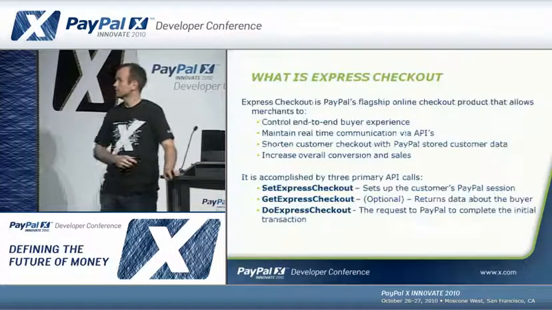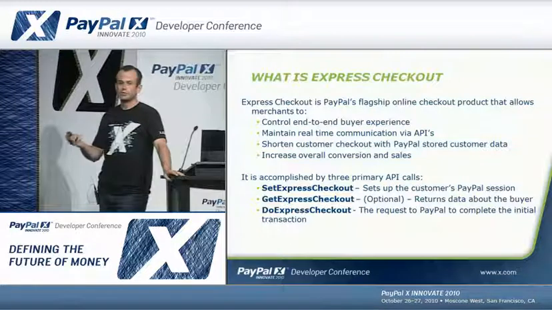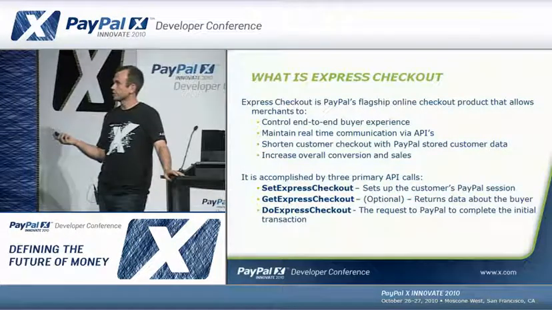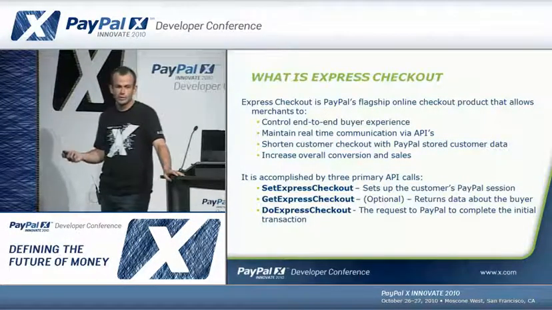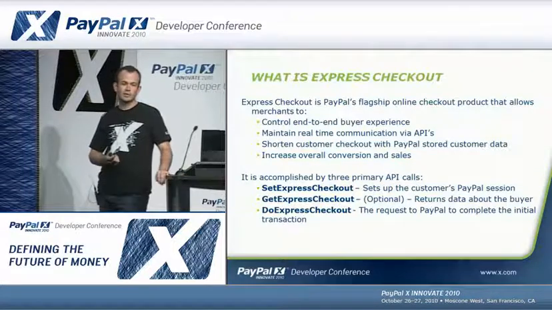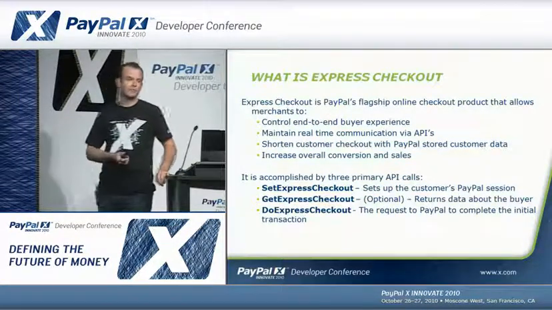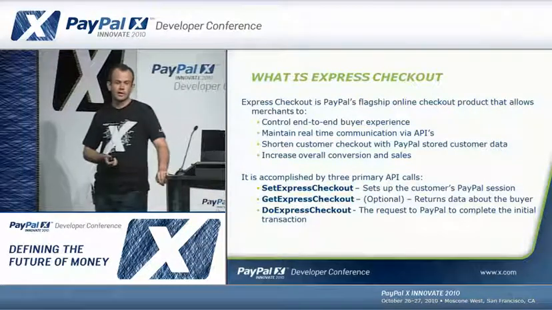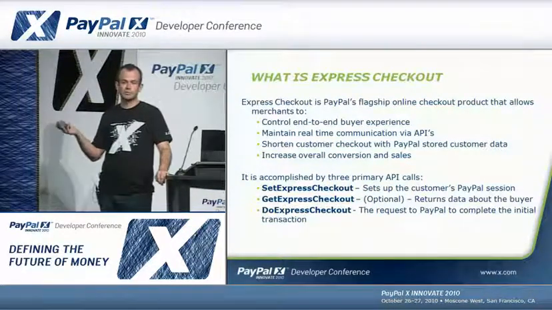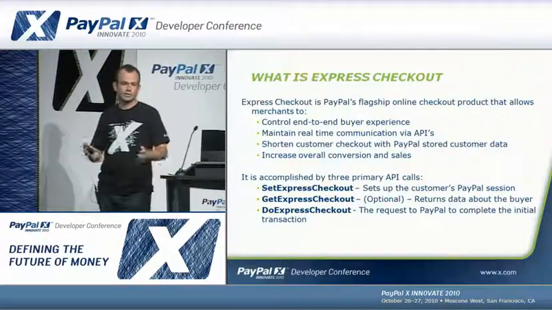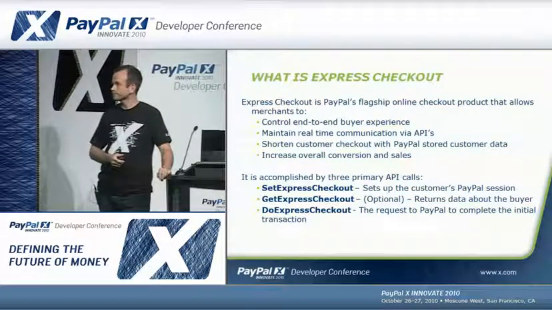So I'll go ahead and run in here. And if you guys don't already know, PayPal's Express Checkout is our bread and butter for taking PayPal payments. As far as PayPal payments go, we've got our Website Payments Standard product, we've got our Website Payments Pro, but if you're using Website Payments Pro, you have to integrate Express Checkout. They come together basically.